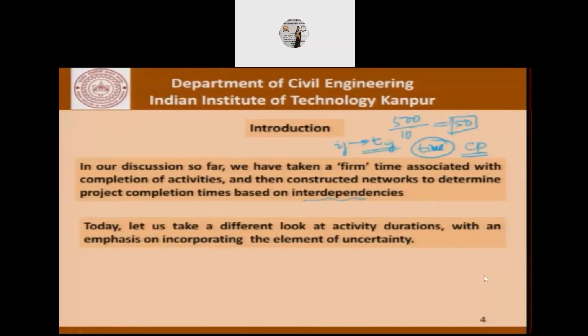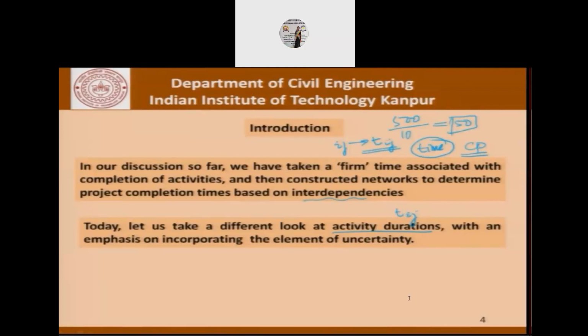Now today, we'll take a slightly different look at the activity duration, that is, this Tij, with the emphasis on incorporating the element of uncertainty. How do you incorporate a situation when the Tij is not a firm number, but more like a probability distribution?